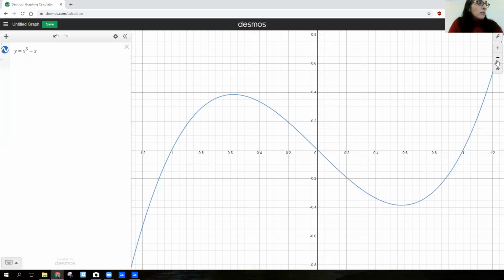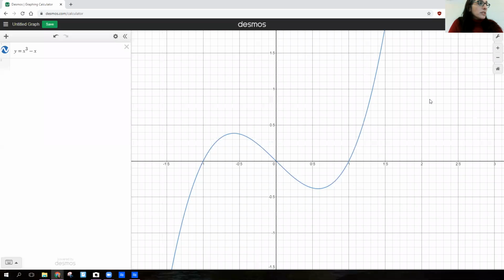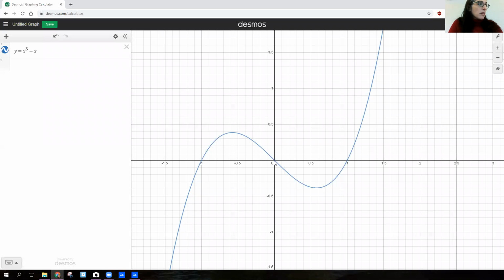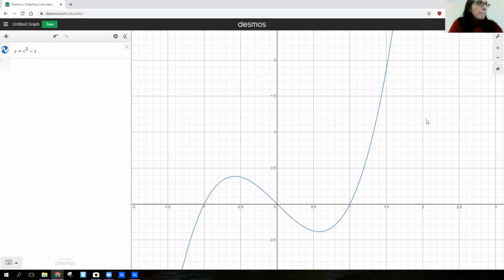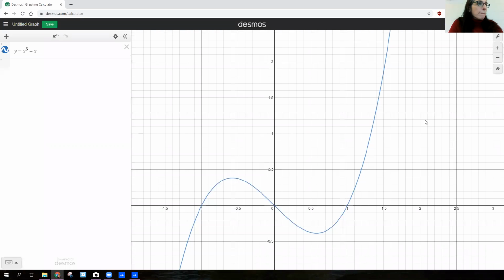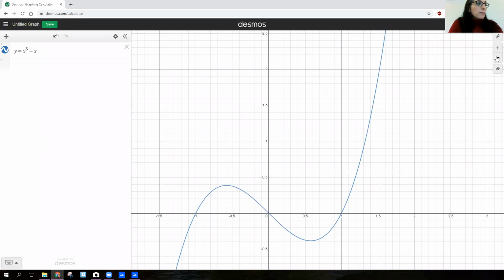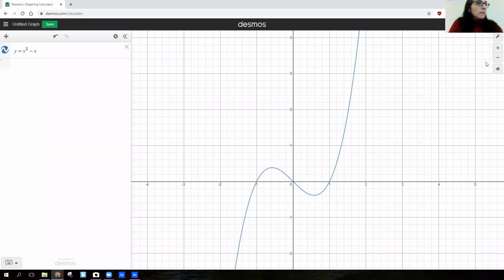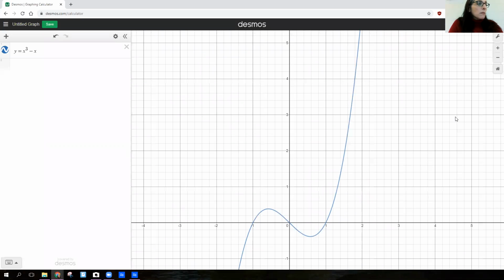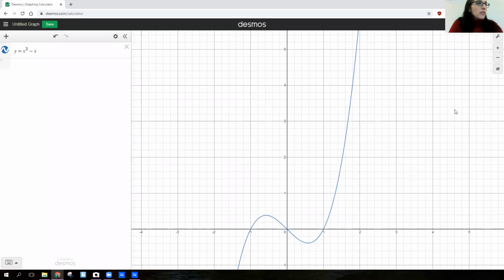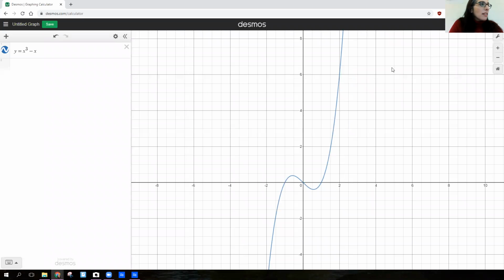All right, so there we go, 0 to 2. Okay, zoom out a little bit, just a little. I'm trying to get my 2 value to show up for us. There we are, right there. So here and here.